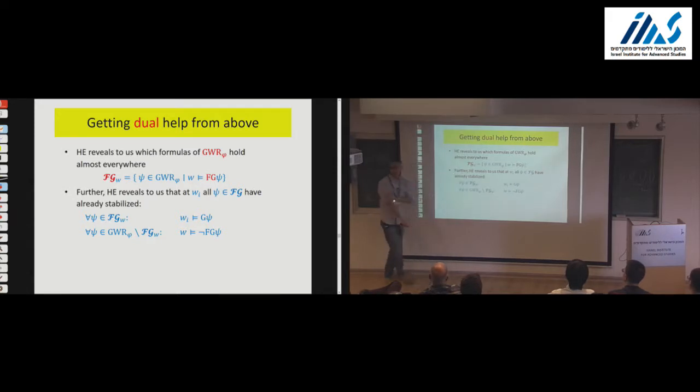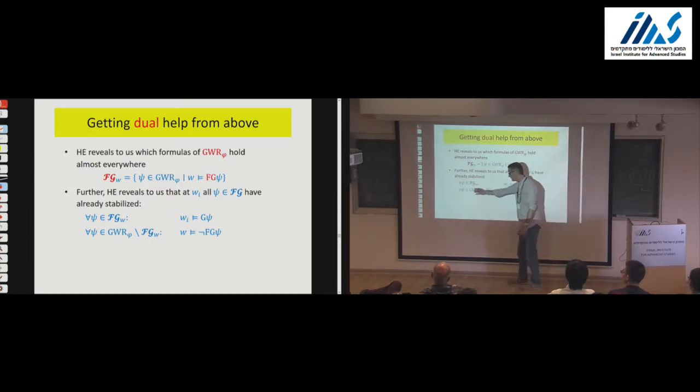He chooses a point beyond the stabilization point, and tells us, these are the formulas which hold almost everywhere, and since you are beyond the stabilization point, from this moment on they are going to hold forever.